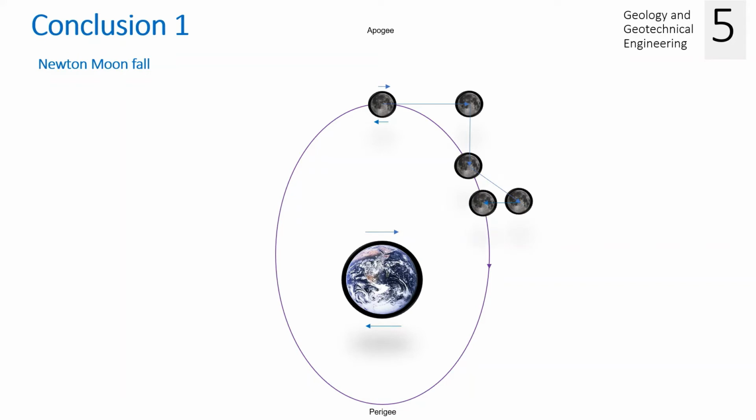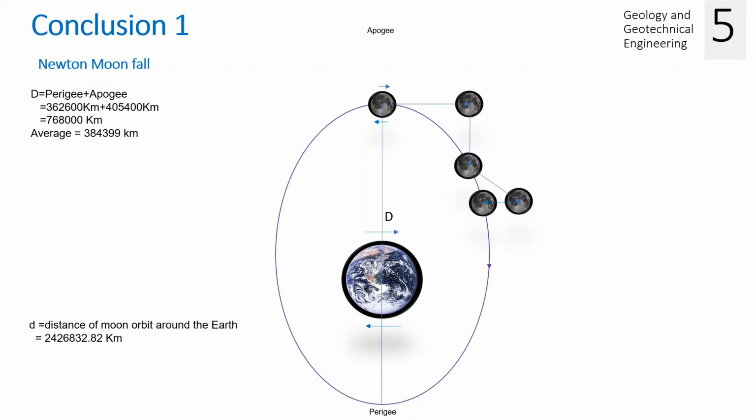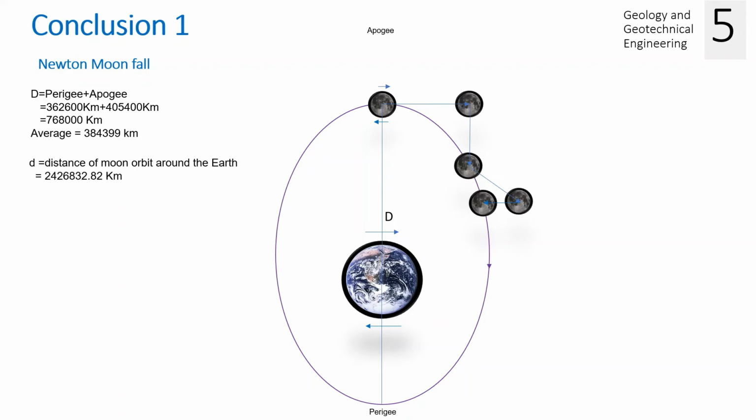To make some calculations, he needed the diameter of the elliptical orbit, and he needed the distance of the moon's orbit around the Earth. He also needed the time the moon takes to make a complete rotation around the Earth.